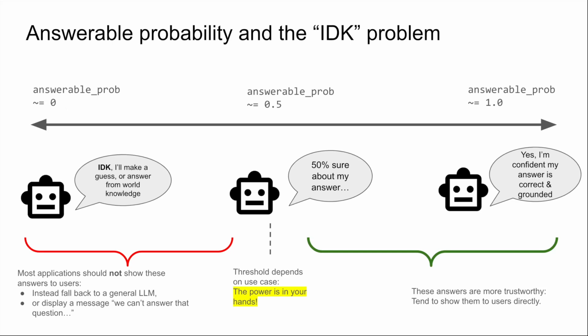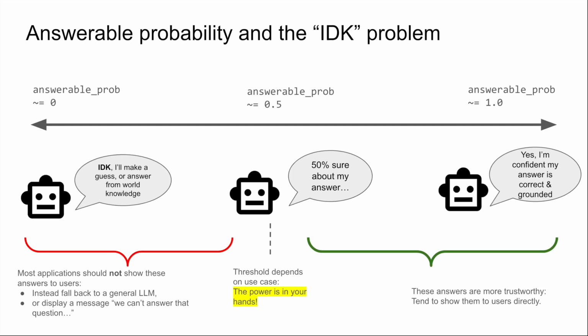There will always be an answer, and the model will not explicitly say, I don't know, but the way it indicates to the developer is to generate a low answerability probability. We recommend the cutoff score to be about 0.5 for how to give the response to the user. This is a best practice.